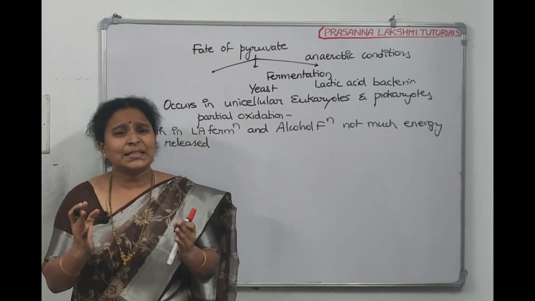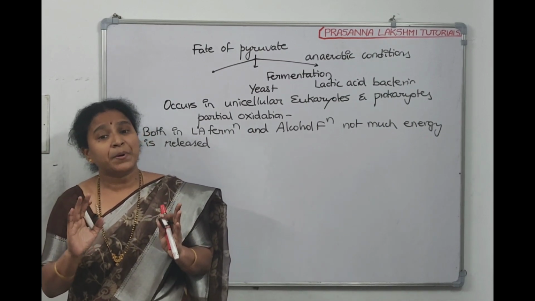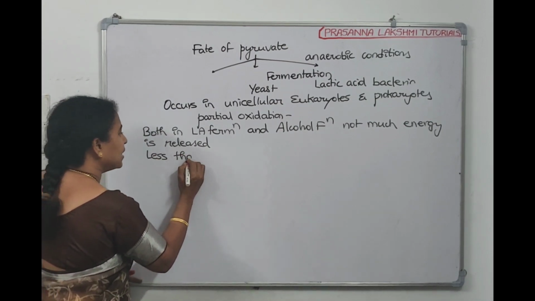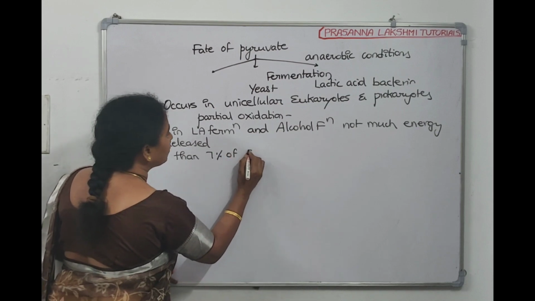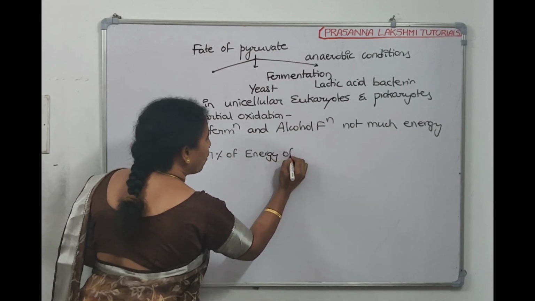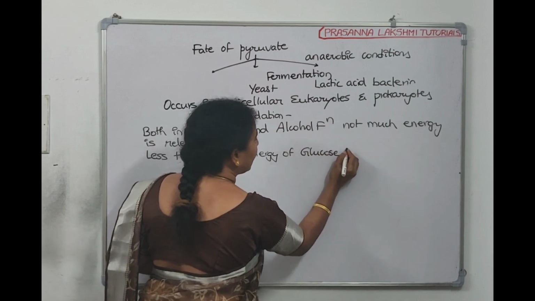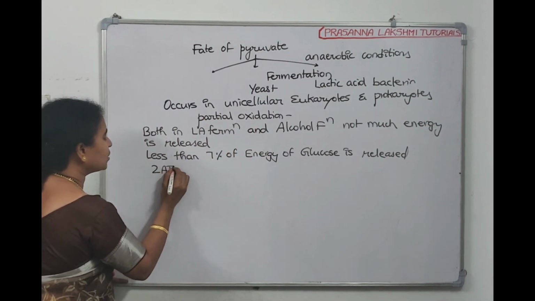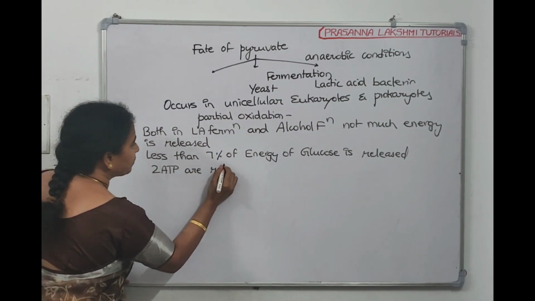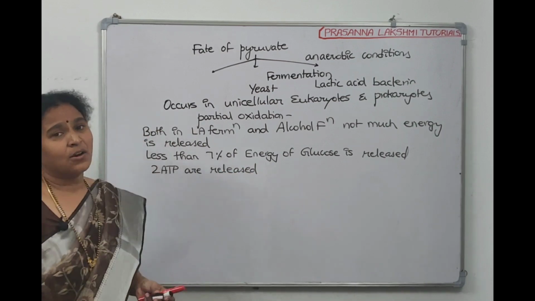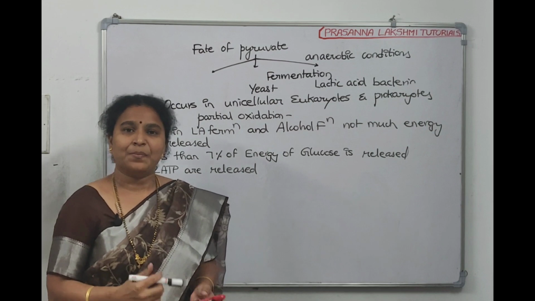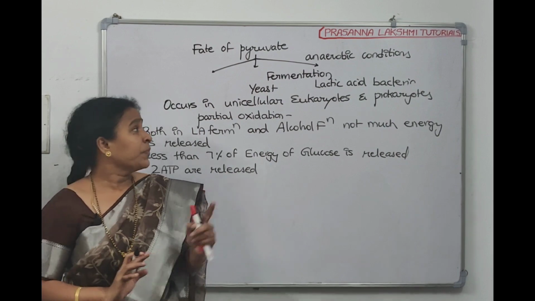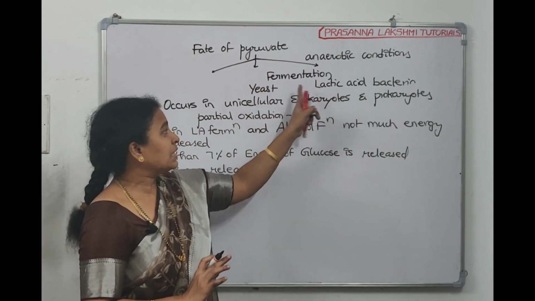Less than 7% of the energy of glucose is released. In terms of ATP, only 2 ATPs are released. That we calculated in glycolysis, only 2 molecules of ATP. So this is fermentation, and it makes acid, it makes alcohol.